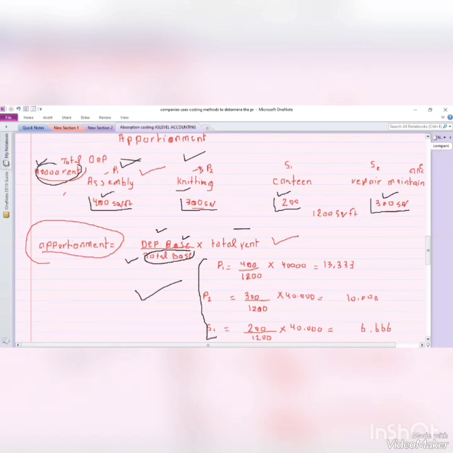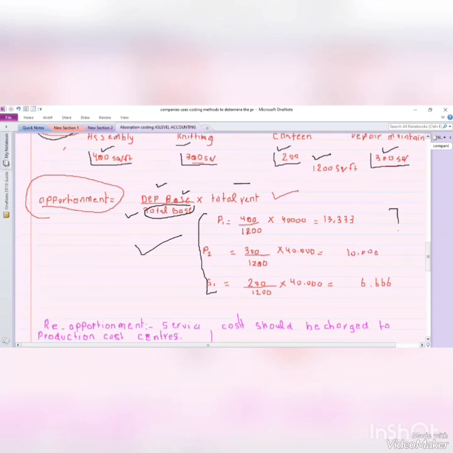The total base is 1200 square feet. You just need to add all these square feet areas of all the departments: cafeteria, assembly, knitting, canteen, and repair and maintenance. This is the calculation for working.